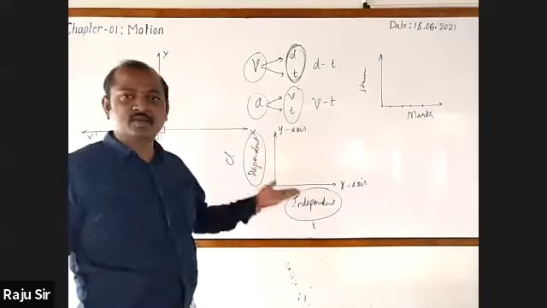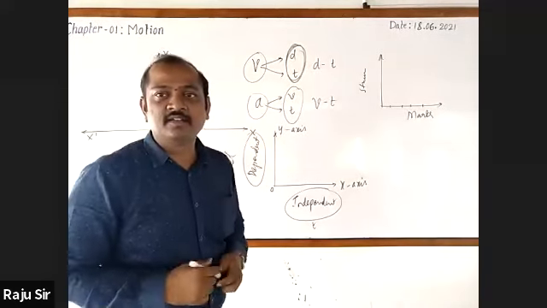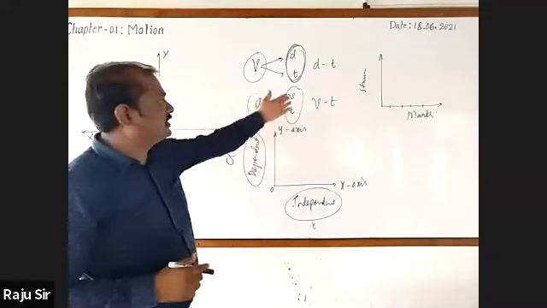Sir, the data which can be represented on a graph where the x-axis is time and the y-axis is velocity. Very good. That is called the VT graph. Excellent. And Sanjana, you tell the definition of DT.